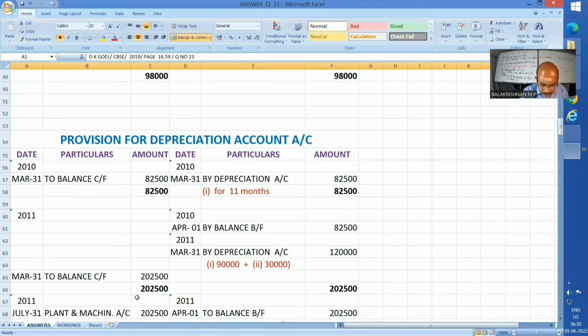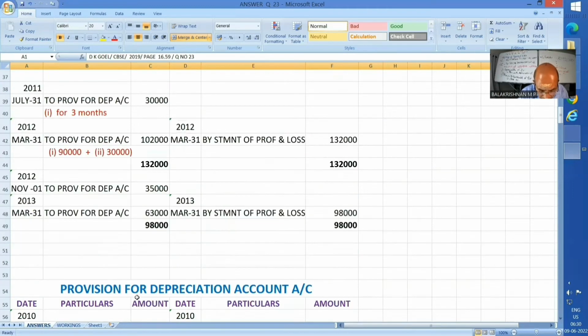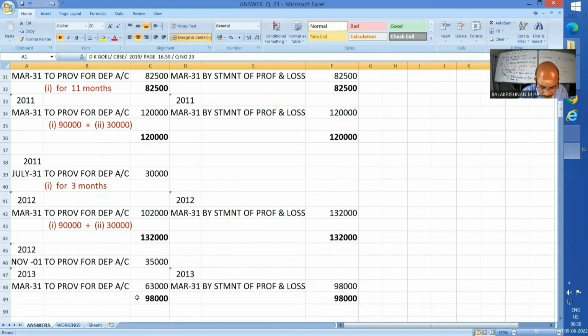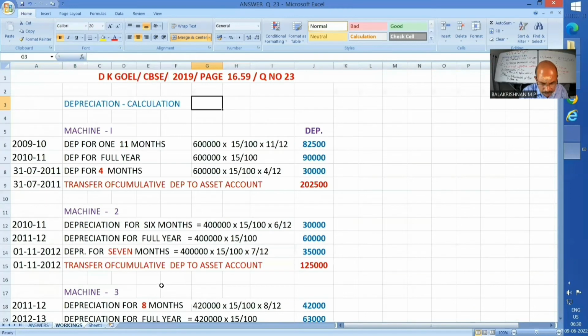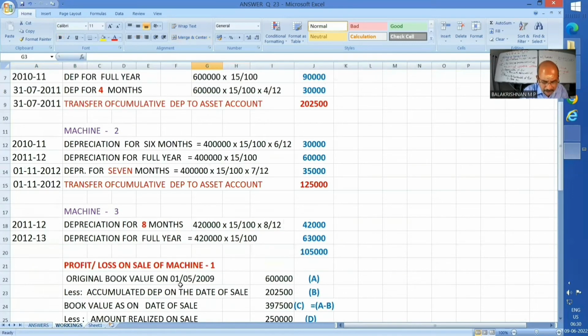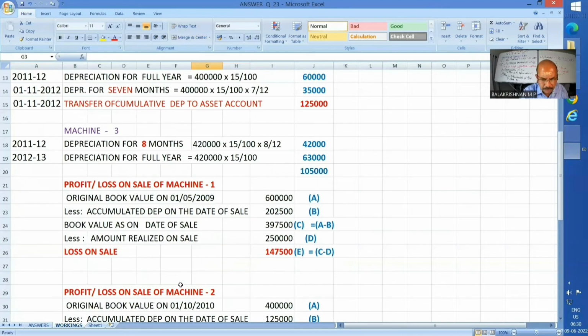Now let us see what happened subsequently on 31st July 2011. That means in the next financial year, 11-12. It sold off the first machine for 2,50,000. Okay. I told you, whenever such sale takes place, the first step is to find out what has been the pending depreciation for the current year. Okay.